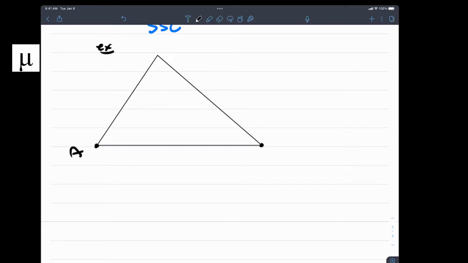A, what? B, what else? C. Okay, and you get what? 15, 9, and 6.